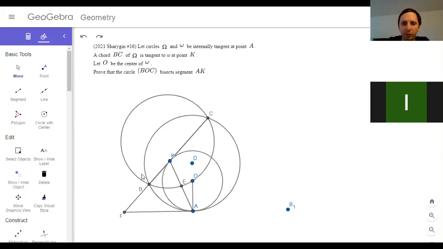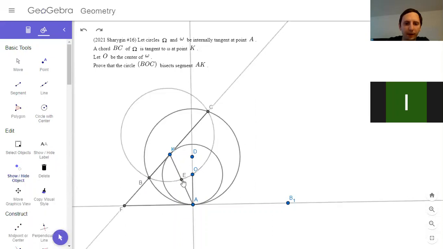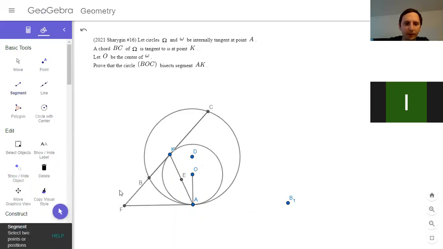So if E prime is the intersection of OF with AK, oh, that's a good way to do it. Okay. I like it, thinking in reverse kind of. So okay, that would solve it.